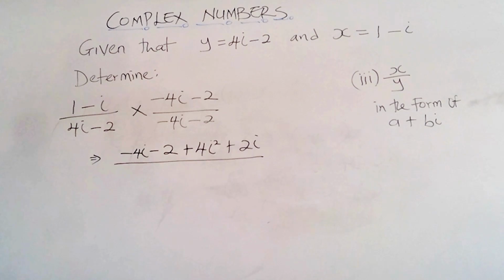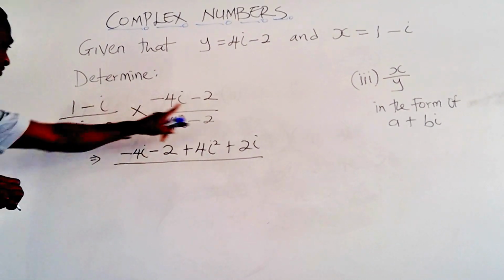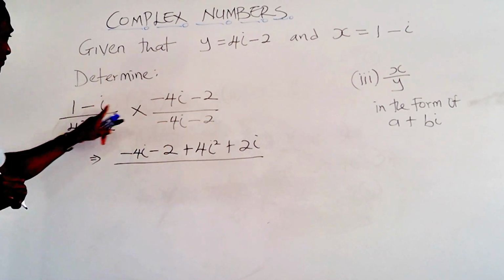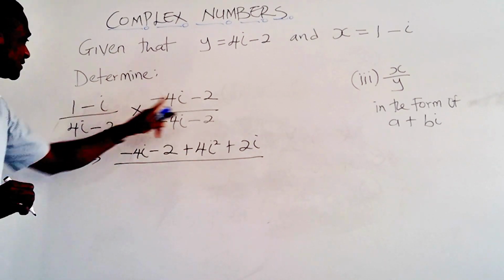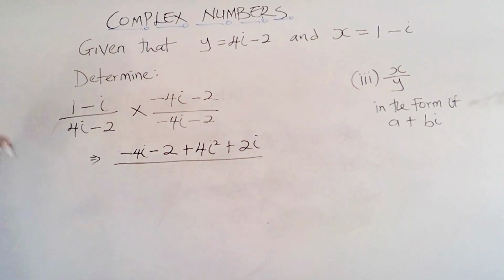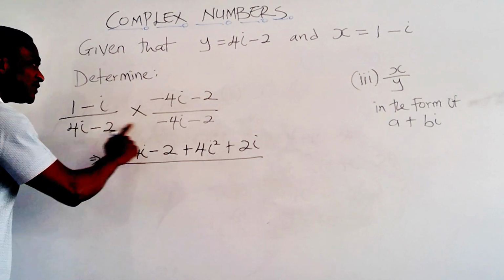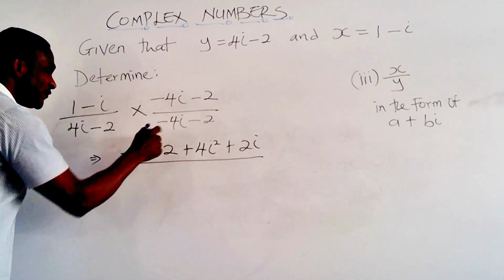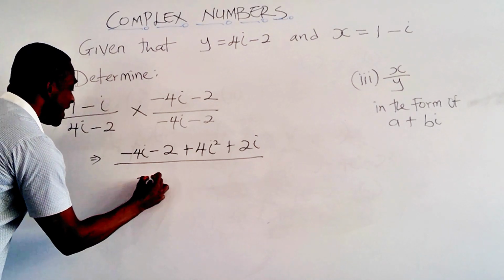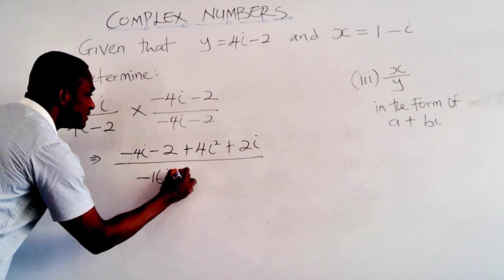Let's go to the denominator. Please check for signs. I'm always terrible when it comes to signs sometimes. Alright, now let's go to the denominator. 4i times minus 4i will give me minus 16i squared.